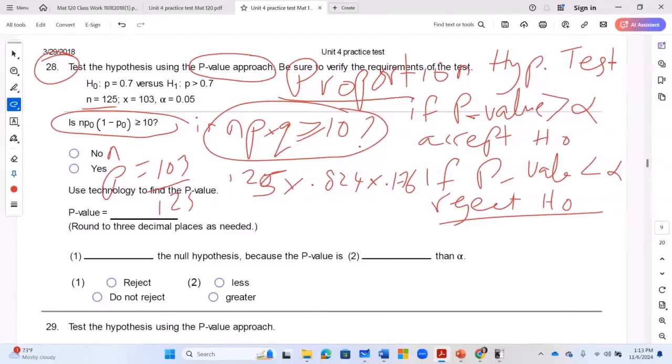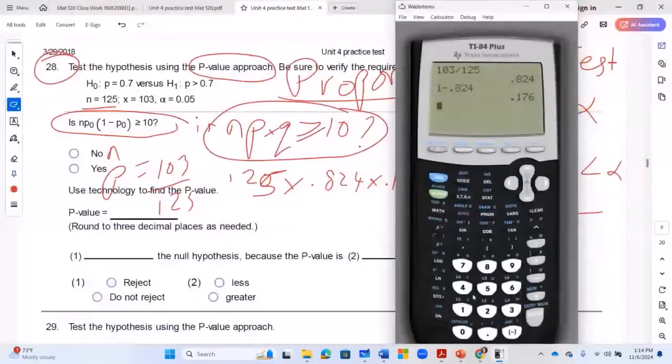Then when I get my answer, the answer is the value of the variance. Is the variance greater than 10? I'll get my calculator and find out. So N is 125 multiplied by the probability of success, 0.824, and multiplied by failure, 0.176.